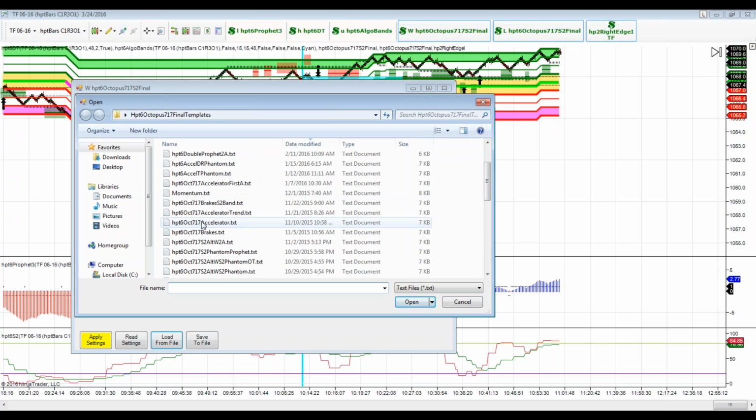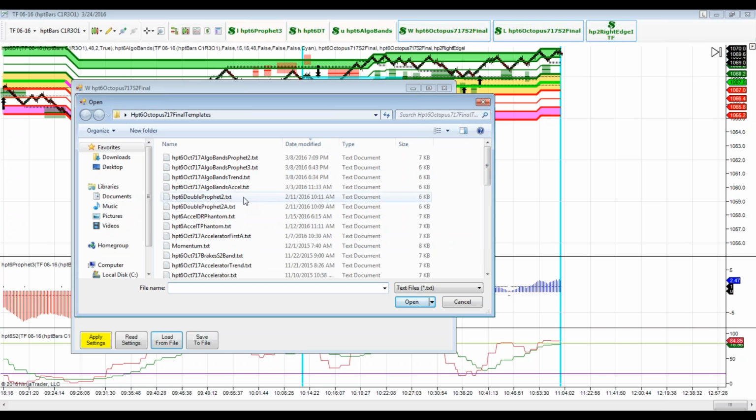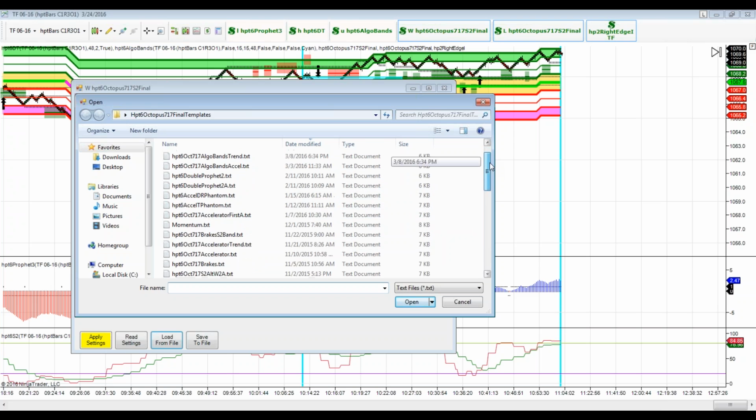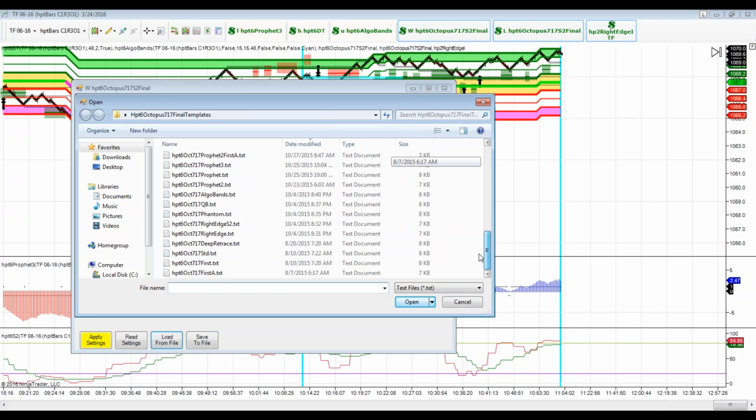All right, accelerator, brakes, Algo Bands trend, and then as Stephen has mentioned, you can use the standard, but only Octopus 2. Okay, so there's 6.